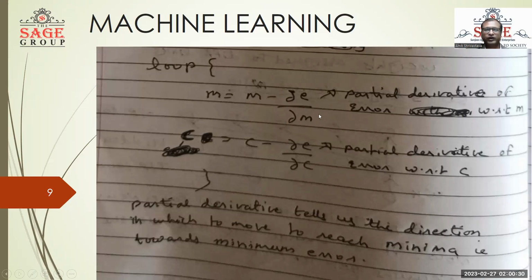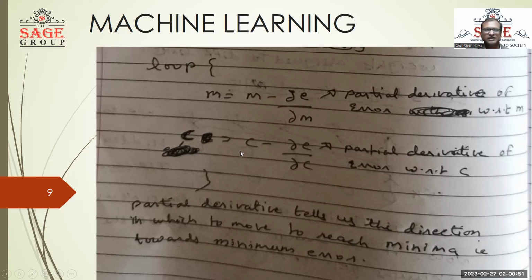This is what I'm trying to find out. So first of all I find the impact of m on this error, and then I subtract that portion from the original m to get my new m.